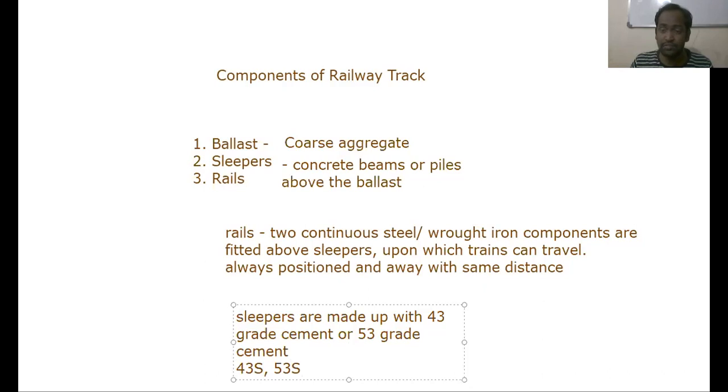So these two grades of cement are used in the concrete for making sleepers. These three are the most important and common components of a railway track. About these three components we will discuss deeply now.